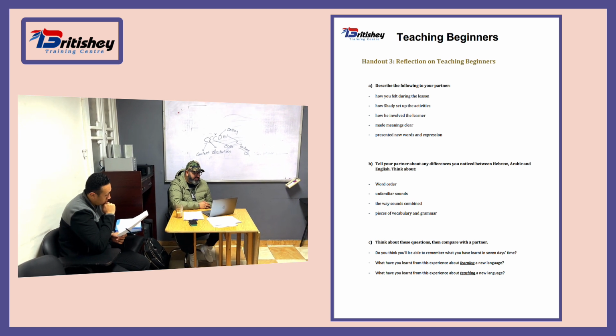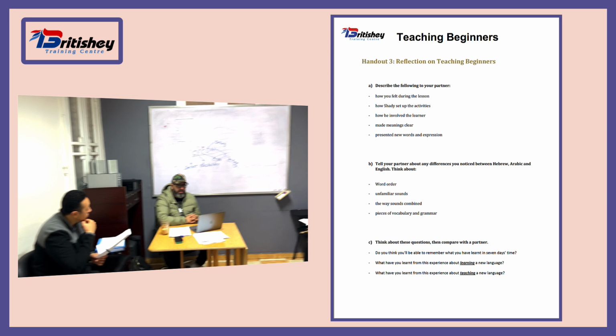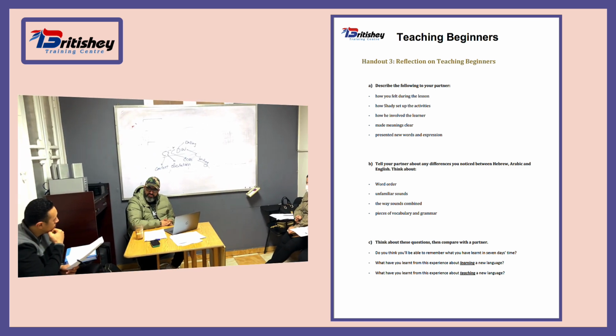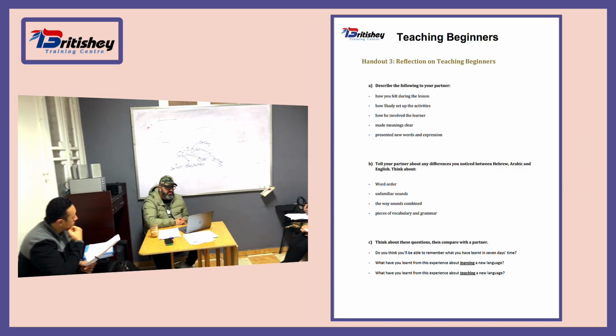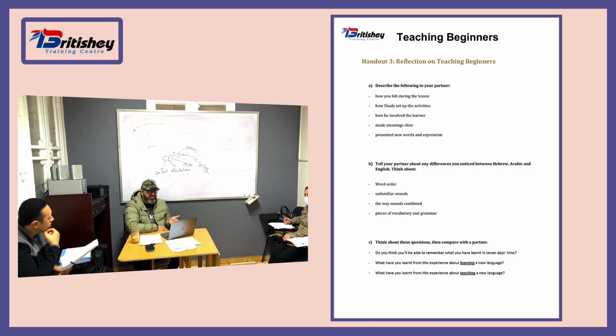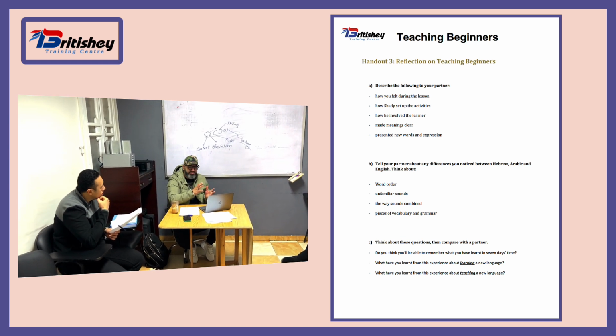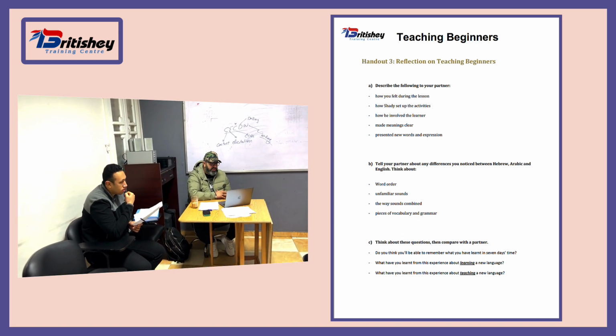So what about pieces of vocabulary? Let's talk about vocabulary. We didn't focus on grammar today. But talking about vocabulary, have you noticed similarities? Oh yeah, banana, it's like banana in English, right? And automatis, a bit close to tomato.